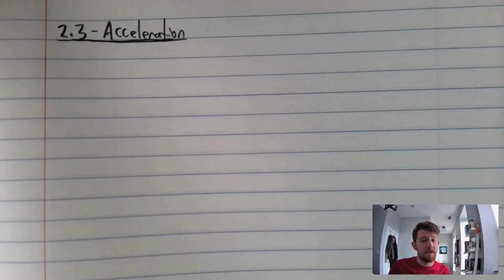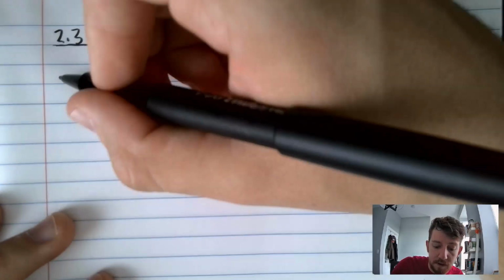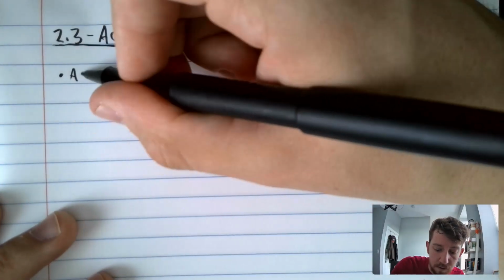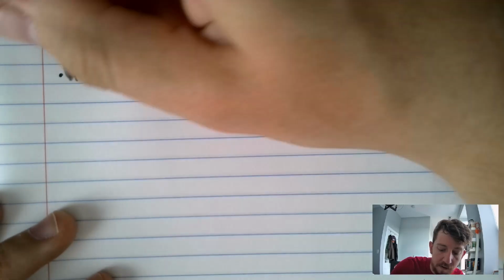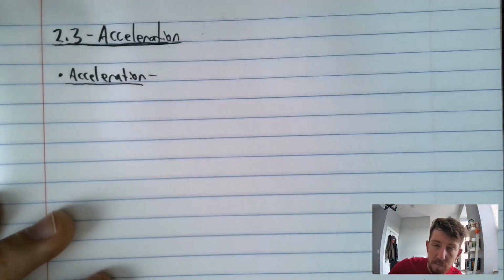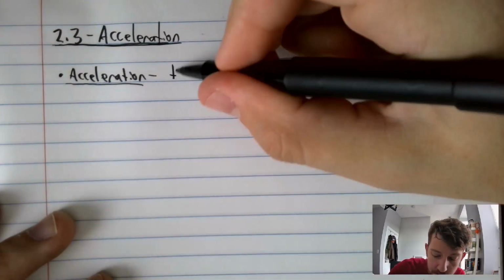So let's put a definition on this. Let's actually do a calculation in order to better understand what acceleration is. So here's our definition in words. In words, acceleration is the rate at which velocity changes.